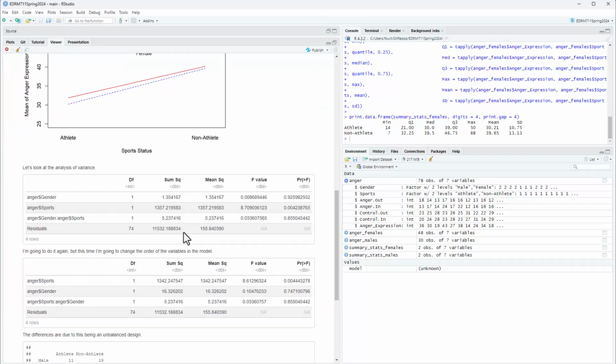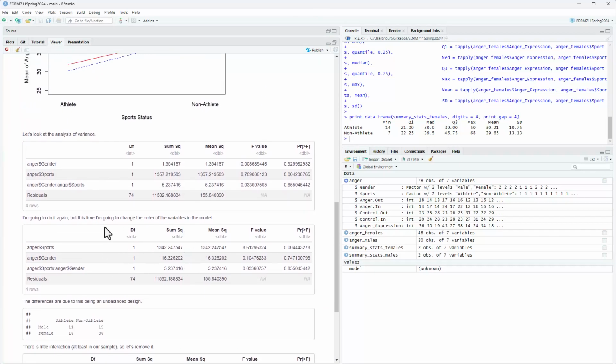When we put in sports and then gender, we got this second analysis of variance table. The interaction still has an identical p-value to what it did above. The p-value for sports is close, but not quite the same as what it was above. And the p-value for gender has changed quite a bit.